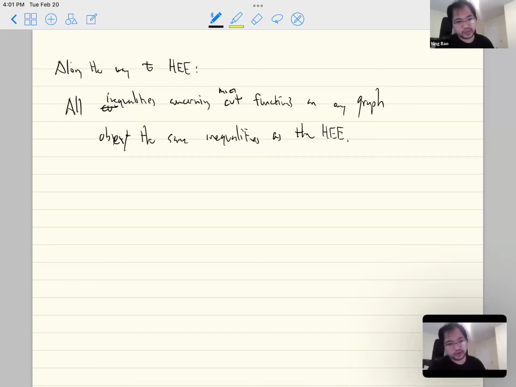And this is kind of an automatic corollary because on the way to constructing the holographic entanglement entropy, we discretized the bulk into graphs, and then we proved a theorem that was true for any graph. So in some sense, the graph theory theorem is the main theorem, and the holographic entanglement entropy result is the corollary.